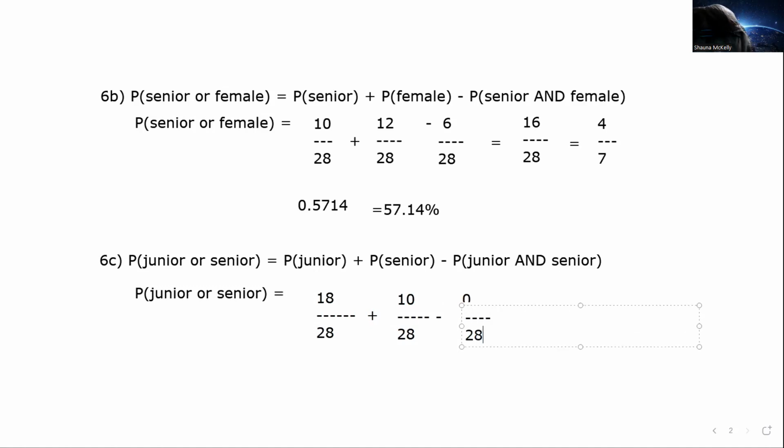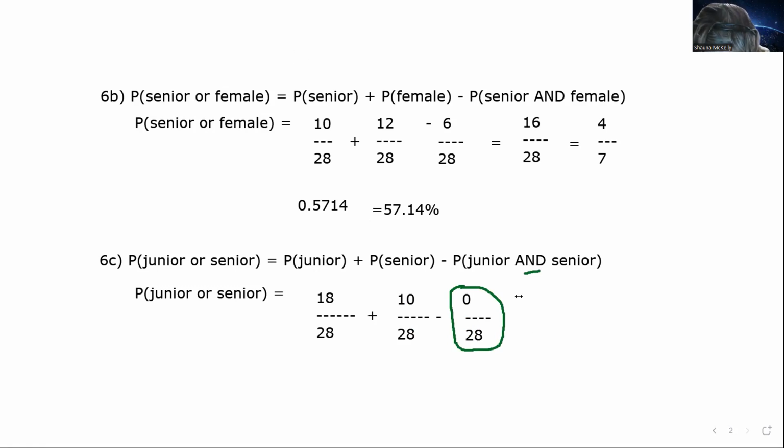Now, when this intersection here, junior and senior, is 0, the fact that this overlap is 0 means that you have mutually exclusive events.